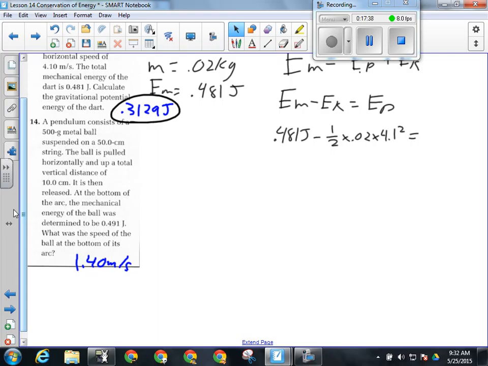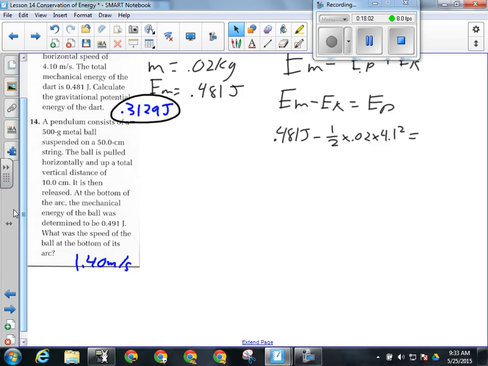Okay, so here's what we have to consider. Up here, at the highest point, all of the energy is potential. How much is there then, according to this question? 0.491 joules. Because they told us at the bottom of the arc, the mechanical energy was determined to be 0.491 joules.